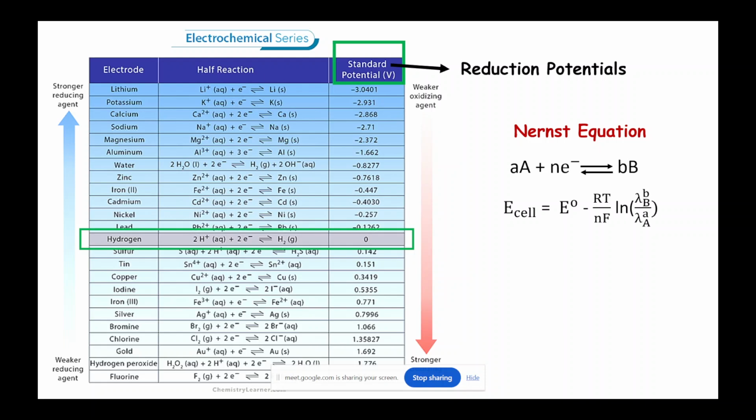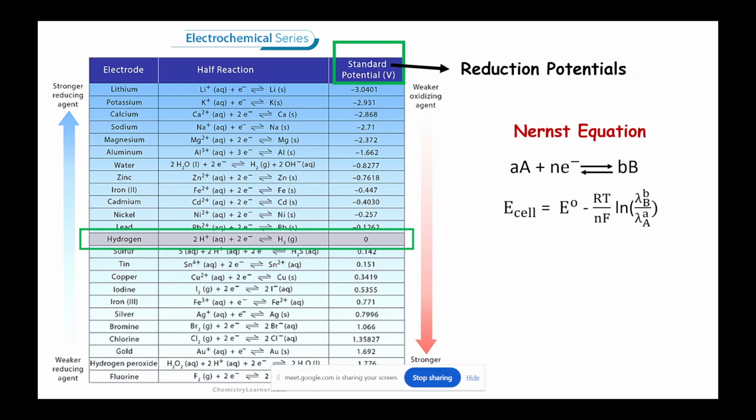So be careful, once you start representing a particular element in terms of its oxidation potential, then when you compare it with other elements, make sure that you maintain your comparison in terms of the same potentials, either oxidation or reduction. It should not happen that you consider the reduction potential of lithium and compare it with the oxidation potential of, let's say, cadmium. So that uniformity has to be maintained.